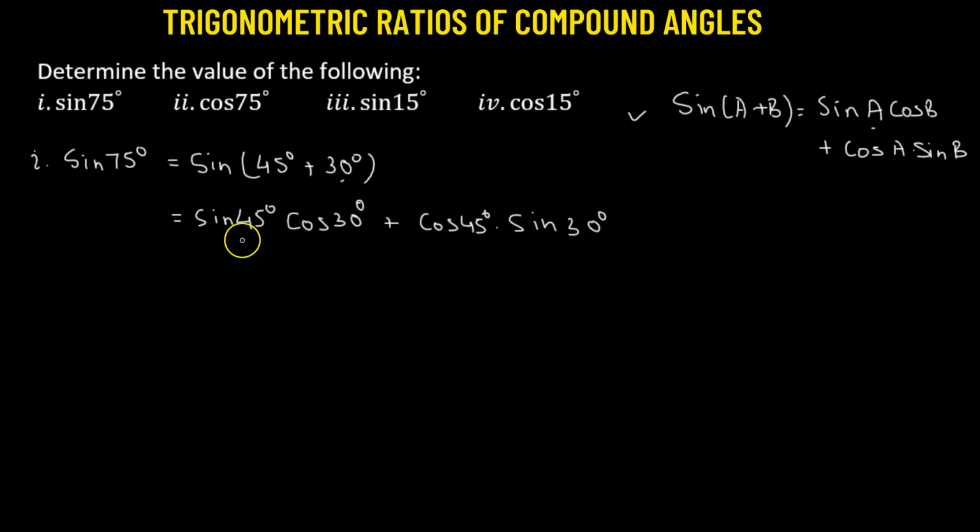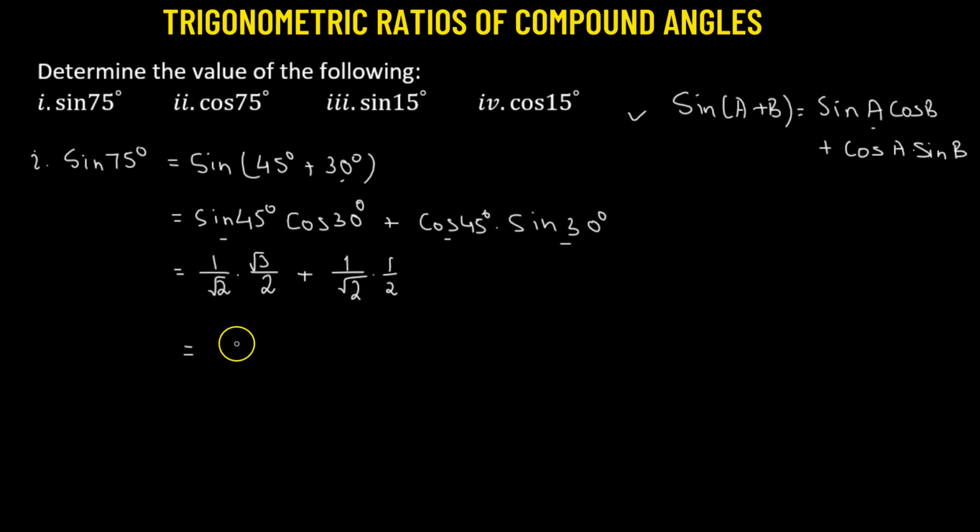Once we write it in this expanded form, we can easily find the value, because sine 45, cos 30, cos 45, sine 30 are standard trigonometry values. We know that sine 45 is 1 over square root of 2, multiplied by cosine 30, which is square root of 3 over 2, plus cosine 45 degrees, which is 1 over square root of 2, multiplied by sine 30 degrees, which is half.